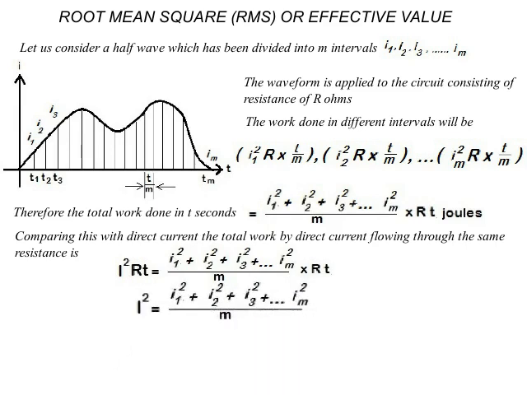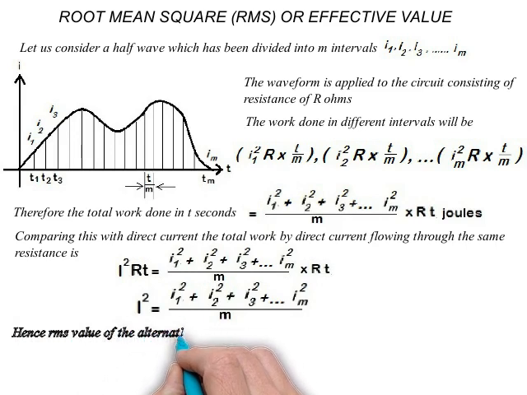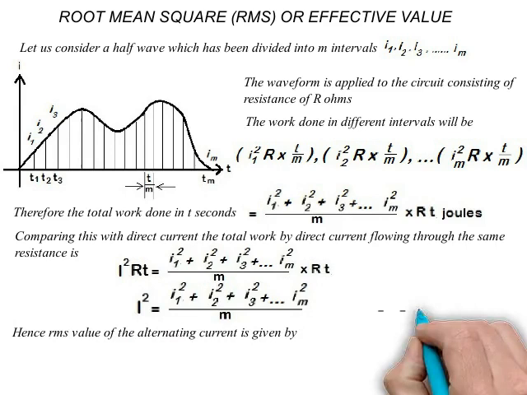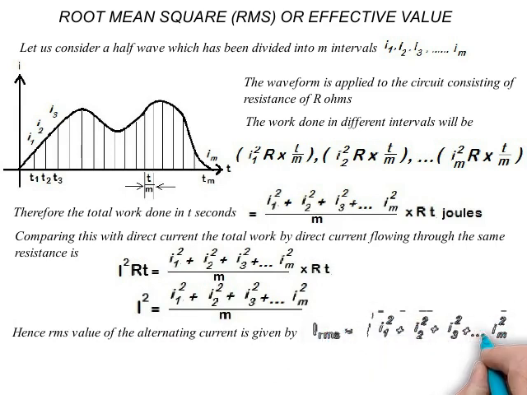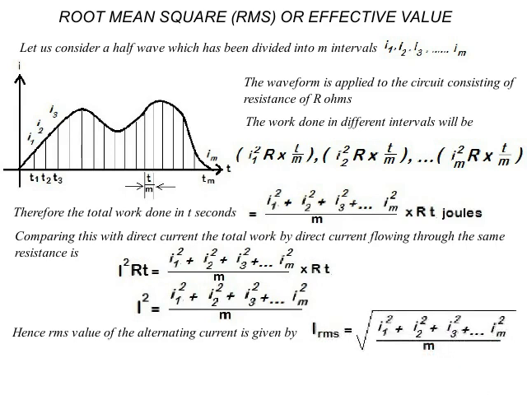Thus, the RMS value of the alternating current is given by I RMS is equal to root of (I1 square plus I2 square plus Im square) by m, which is equal to the mean value of I square, under the root.